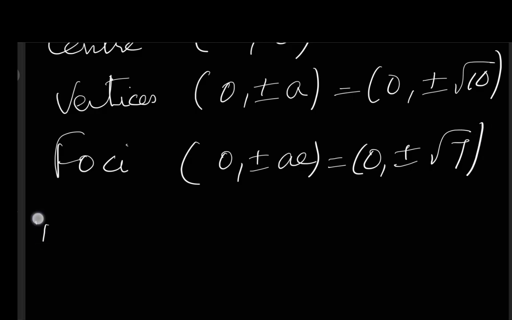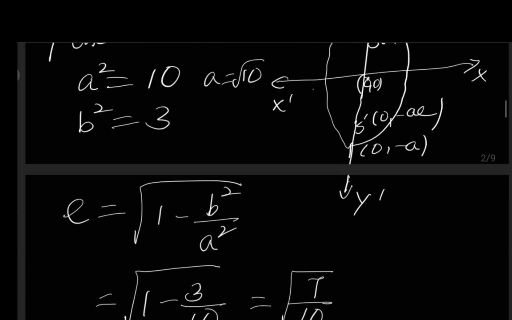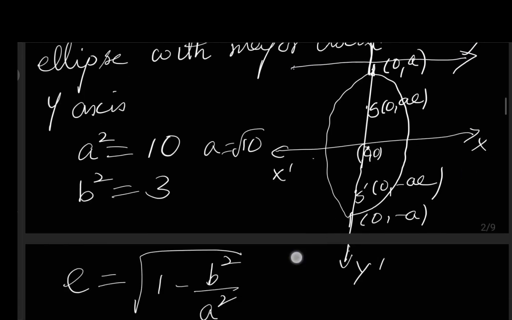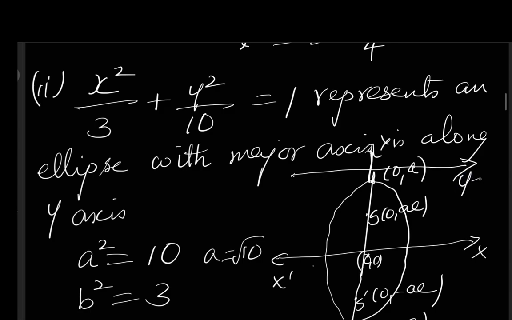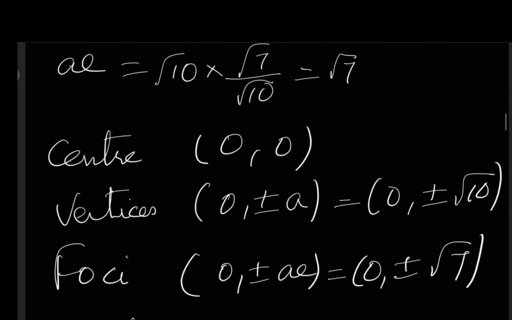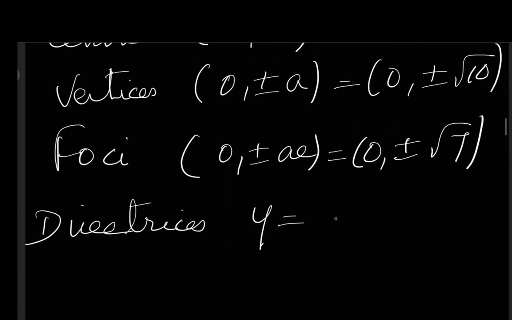Next, you have to find directrices. See, directrices are parallel to the x-axis here. So in that case y is constant here. So y is equal to a by e on the positive side and y is equal to minus a by e. So directrices is y is equal to plus or minus a by e. So plus or minus, what is a?